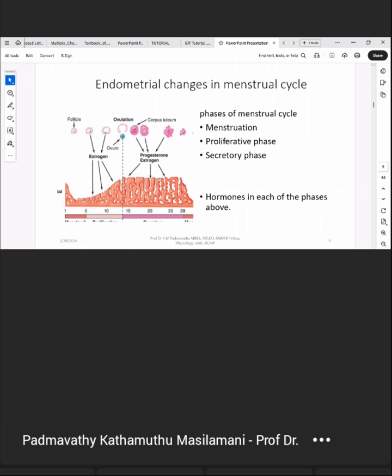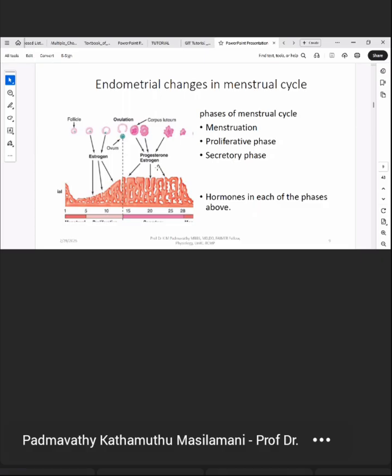The blood vessels become highly coiled, tortuous and very much coiled. And the cells become more secretory, with lipids, and it is more secretory. What are the secretions? What happens to the stroma? Cytoplasm of stromal cells increases.